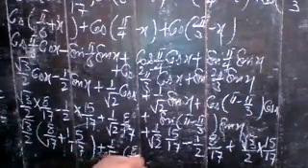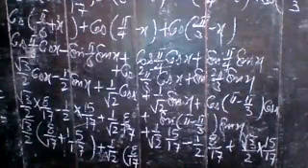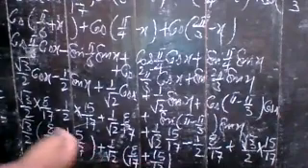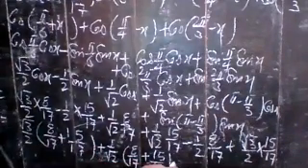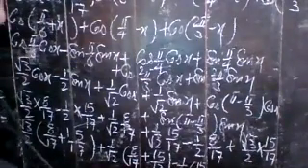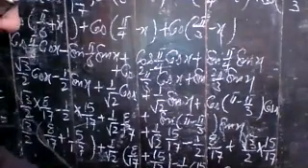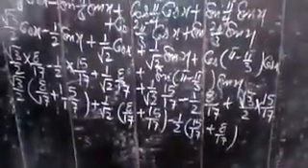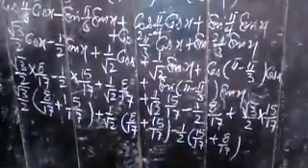So you have 8 upon 17, and the other term is 15 upon 17, and minus 1 by 2 common, so you have 15 upon 17 plus 8 upon 17. In this way you take common and write the terms.